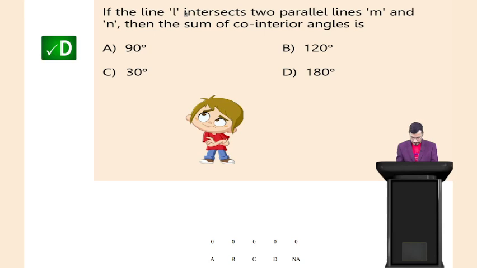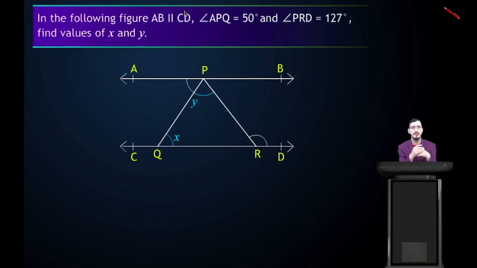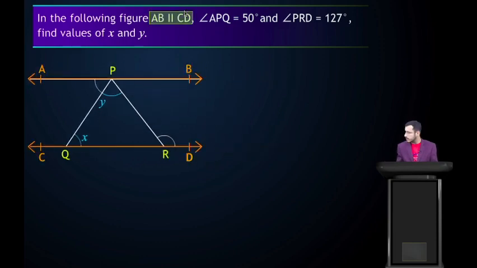Yes, correct. Now here we have one more question. In the following figure, AB parallel to CD, angle APQ equal to 50 degree, PRD 127 degree. Find the value of x and y here. Now students, let's do it.